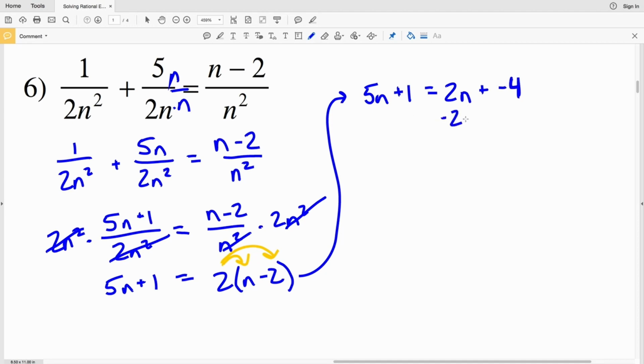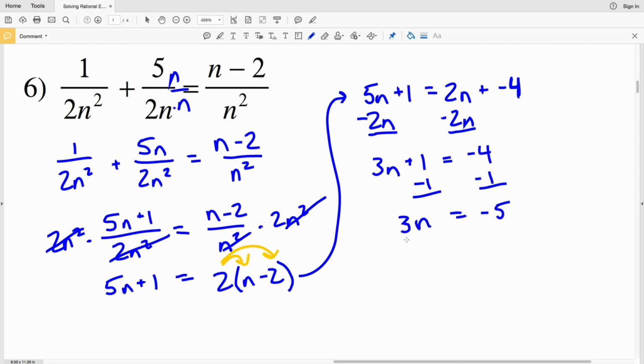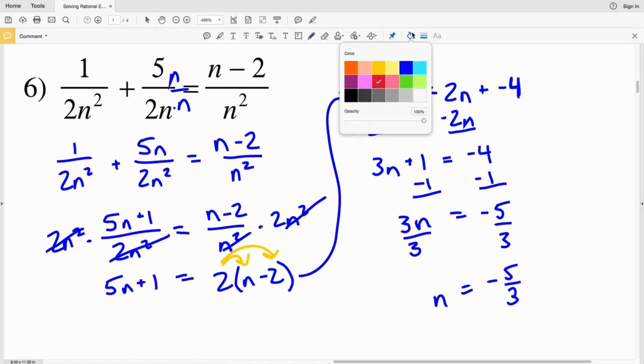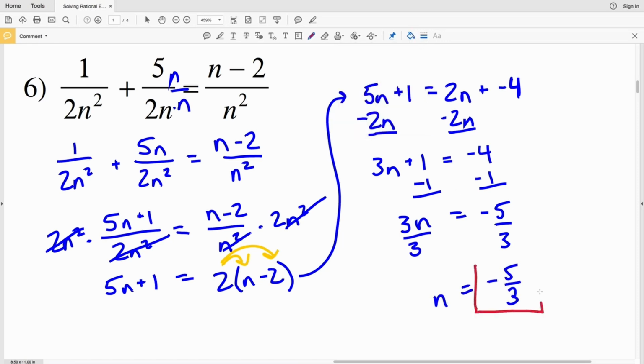We're going to do that by subtracting 2n from both sides to get that 3n plus 1 equals negative 4, and then I'm going to subtract 1 from both sides to get that 3n equals negative 5. Then all we have to do is divide by 3 to get that n is equal to negative 5 thirds. Negative 5 thirds is the solution for number 6.